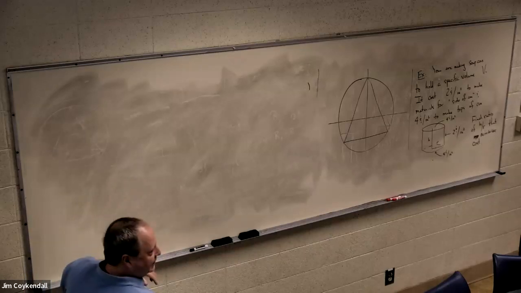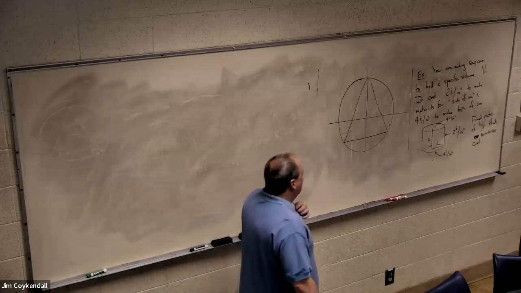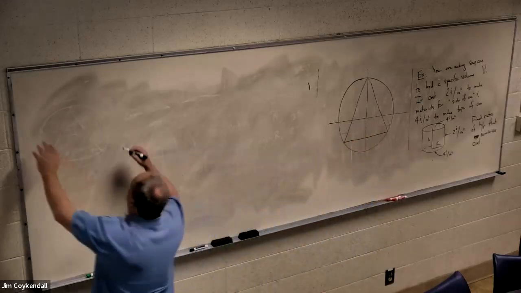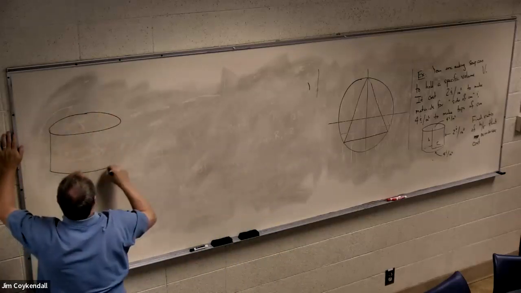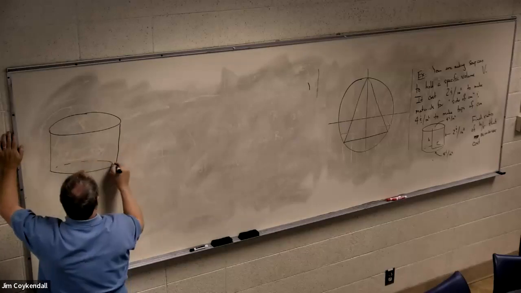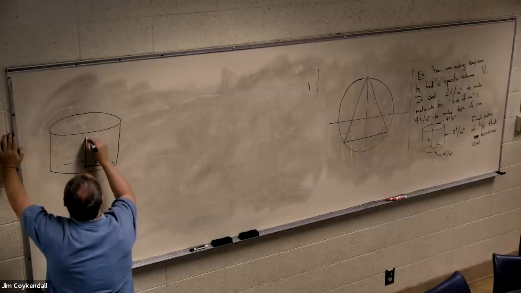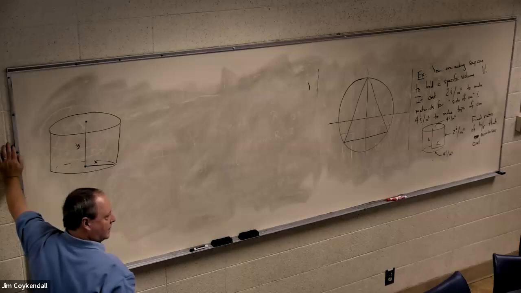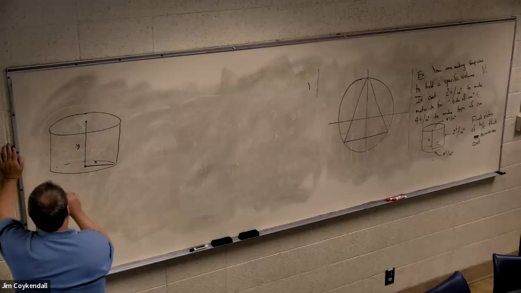Okay, what are we minimizing? We're trying to minimize the cost of this can. What information do we need? Well, let's call the radius X and the height Y. Let's take this apart bit by bit.